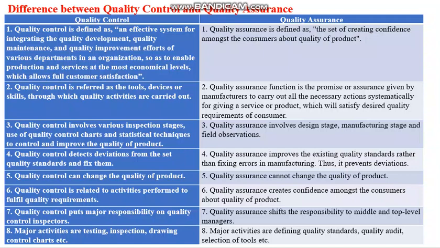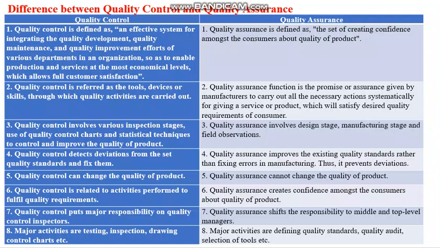Whereas quality assurance is the promise, or the assurance, or some kind of inculcating confidence by the manufacturers to carry out all necessary actions systematically for a given product which will satisfy the consumer.